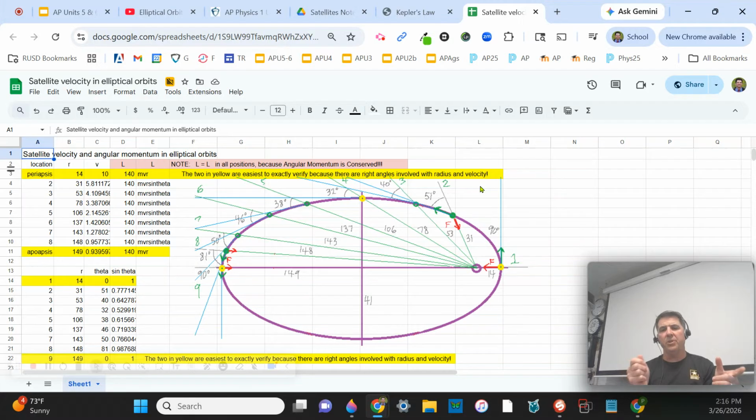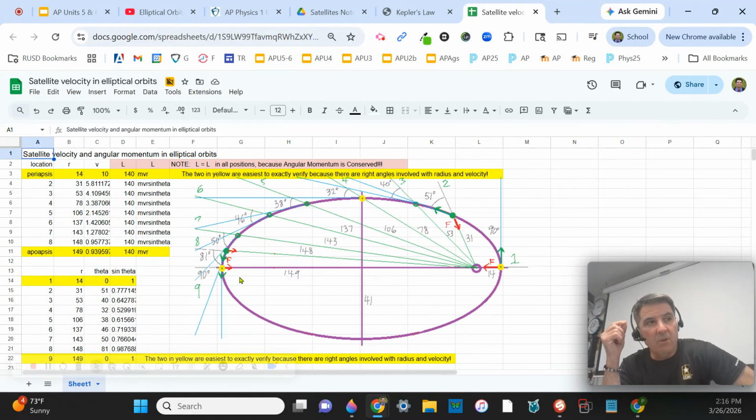Well, we usually only ask about the closest and the farthest point because they're the easiest ones. The closest and the farthest point have a perpendicular motion vector, and the other ones don't, so they're much harder. If you're going down the rabbit hole of figuring out how fast it goes at each point, that might be a question here or there, but those are harder. So that's what this is about.